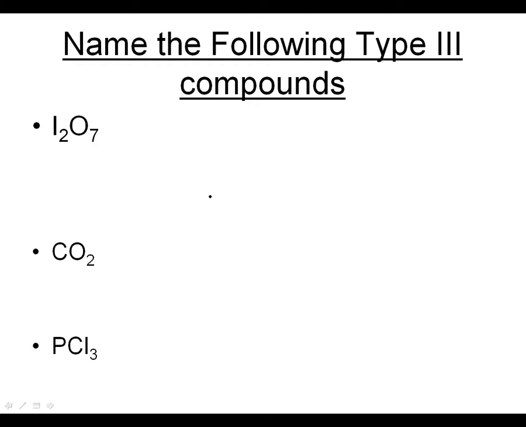So why don't you take a second and name these three, and then we'll talk about it. And I'll give you a couple of names, and you can write the formulas for them as well. We'll see how everybody did.